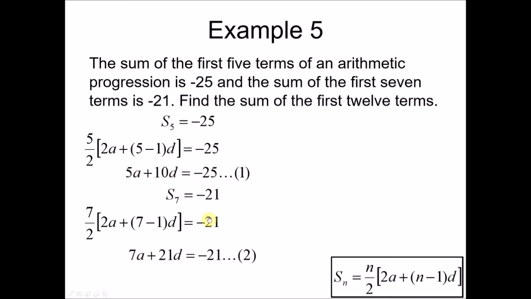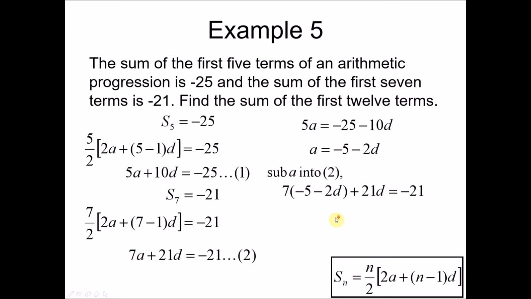Here I solve it using simultaneous linear equations. I take equation number 1, move this d to the other side, and then divide all by 5. I substitute this into equation number 2, replacing a with negative 5 minus 2d. After I substitute, I only have d left, so I can solve for d.